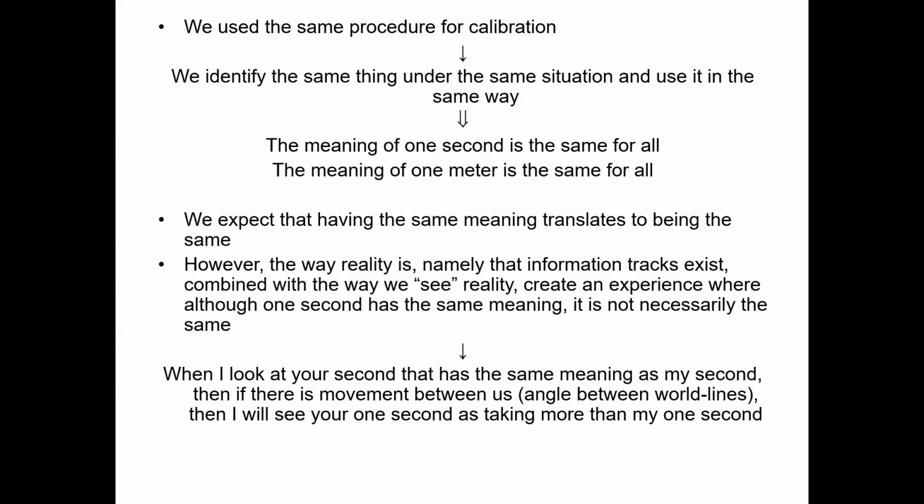When I look at your second that has the same meaning as my second, the same amount of stuff can happen in this second, then if there is movement between us, an angle between the world lines, I will see your 1 second as taking more than my 1 second. And at least for me, this was surprising.